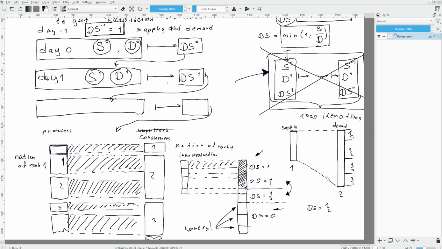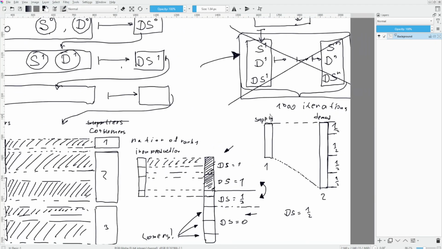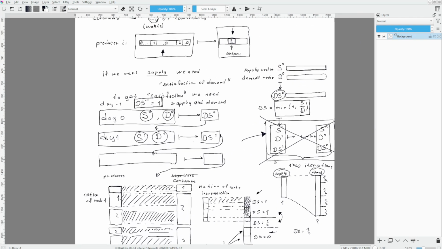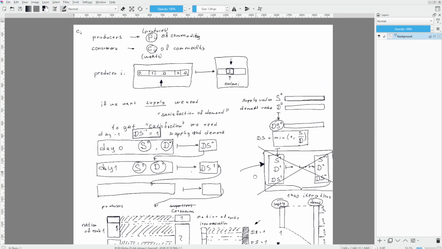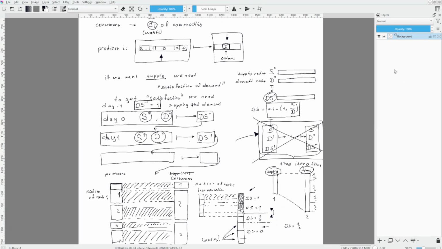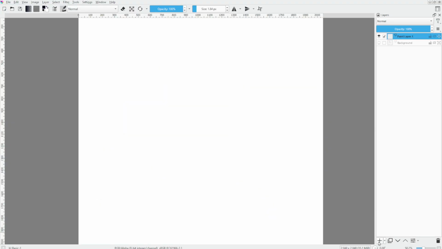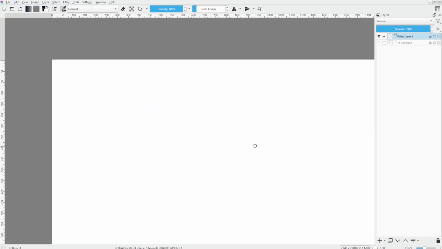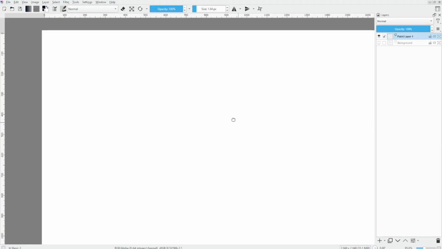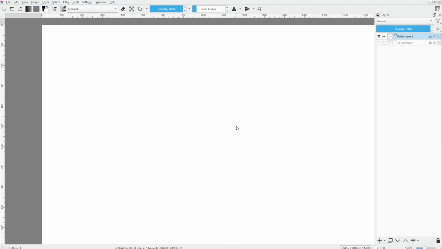But it's another topic. For now, we are going to discuss supply and demand themselves, assuming that we have a single market. Trade is a bit different topic. Okay, so how we work with supply and demand in Alice in general, in a more precise way.